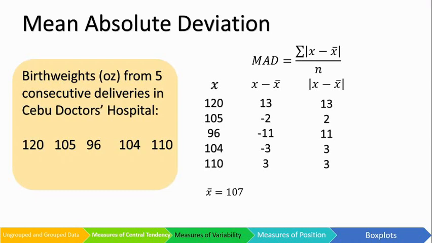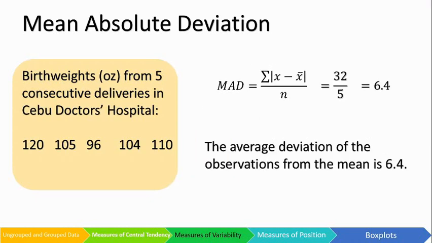If we get their sum, this is the summation of the absolute values of x minus mean. N is still the number of observations, which in this case is 5. We can now plug in these values into the formula and get 6.4. So here we are saying that the average deviation of these observations is 6.4.